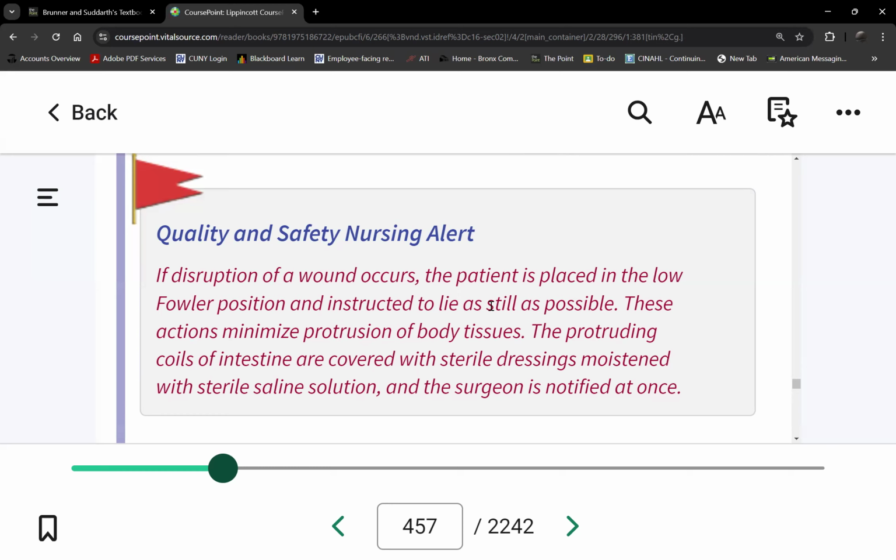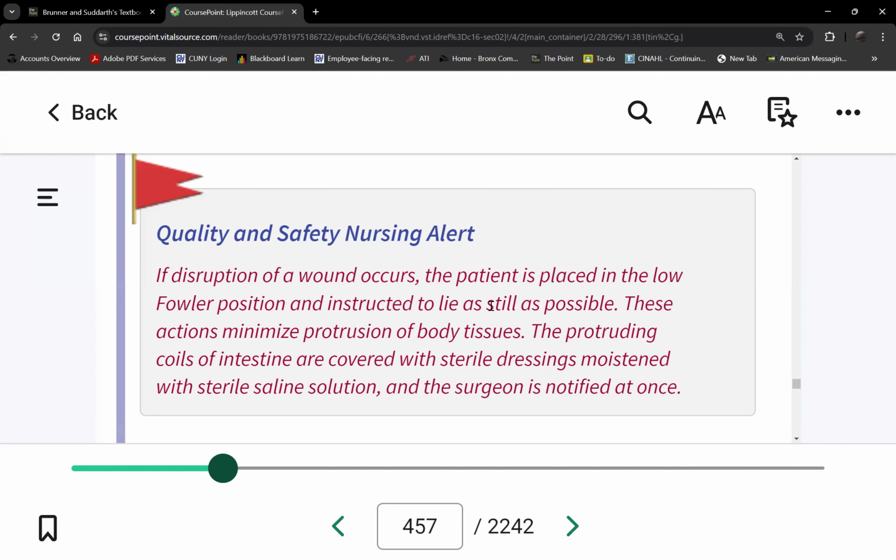What position do we place the patient with evisceration? Low Fowler, which is how many degrees? 15 to 30. And then what do you do next? Cover with sterile dressings, moisten with saline, and then call the surgeon, in that particular order.